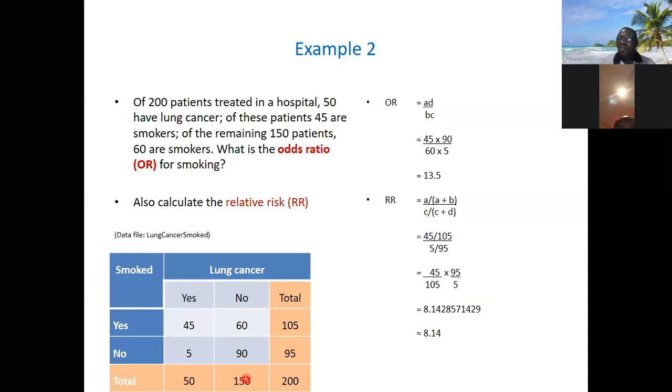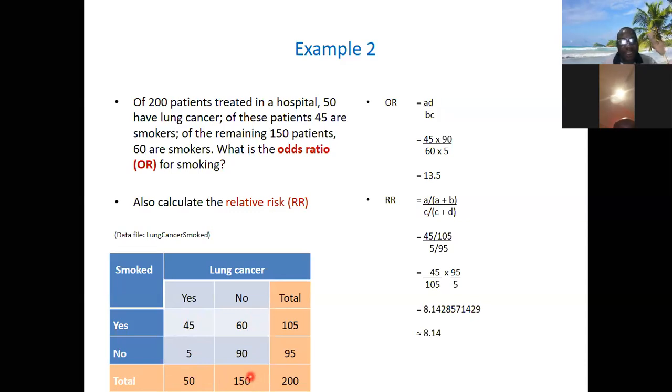Out of 150, I'm starting from the disease this time. The other one we started from the exposure. So out of 150 that did not develop lung cancer, 16 smoke. You can see of the 50 that developed lung cancer, 45 out of 50 smoke. Of the 150 that did not develop, 16 smoke.